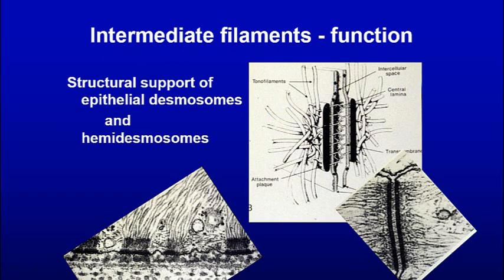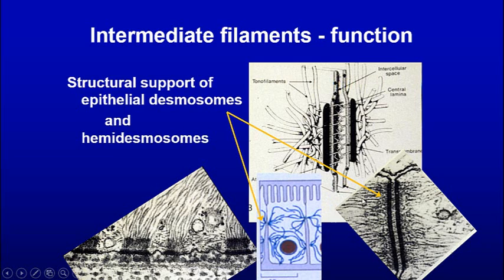Intermediate filaments are also a structure of epithelial cells in terms of the desmosome. Desmosomes are spot welds, and the hemidesmosome is a half of a weld because it's connective tissue below, or collagen, extracellular substance below.